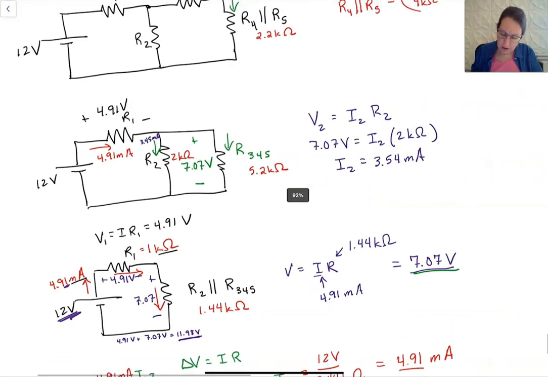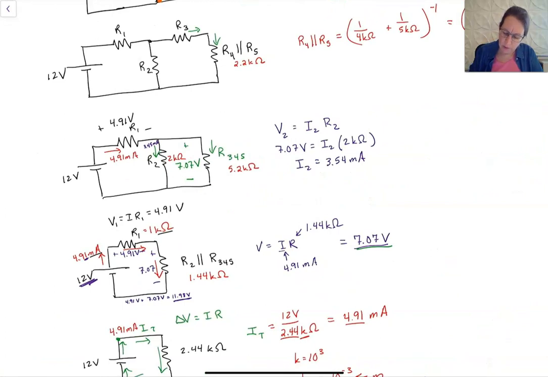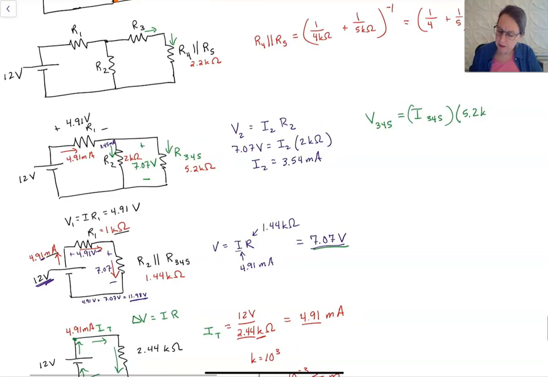And then we can find the current for the 345. The voltage across 345 is 7 volts, which is the current through the 345 times 5.2 kiloohms. That's 7.07 volts. And so that gives us a current through this equivalent resistance of 1.36 milliamps.